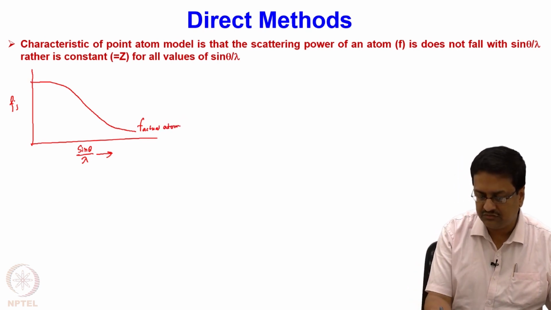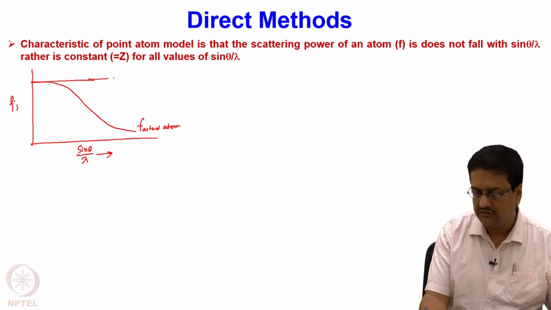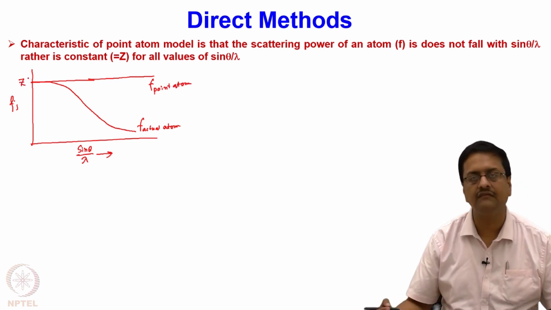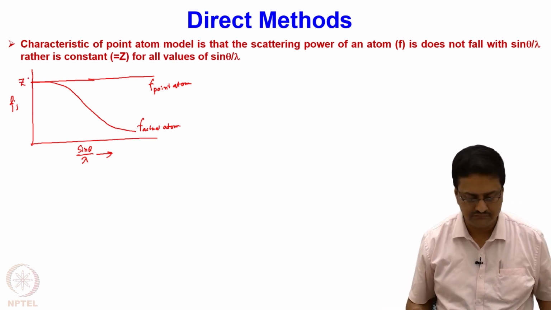But by considering the point atom, the value of F should remain constant, that is F point atom should be equal to Z for all values of theta.